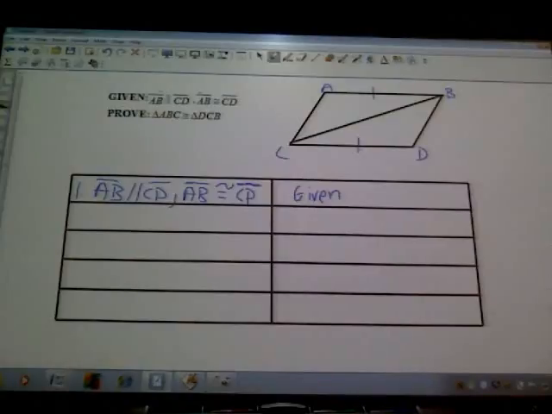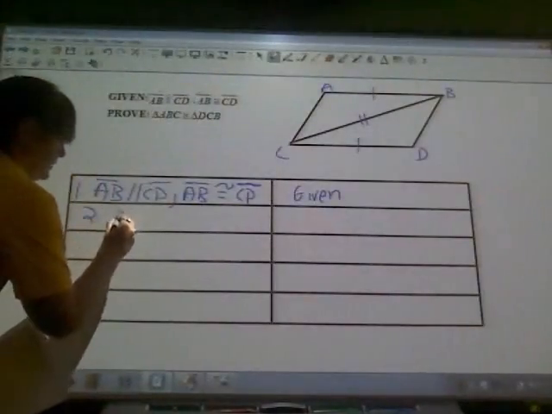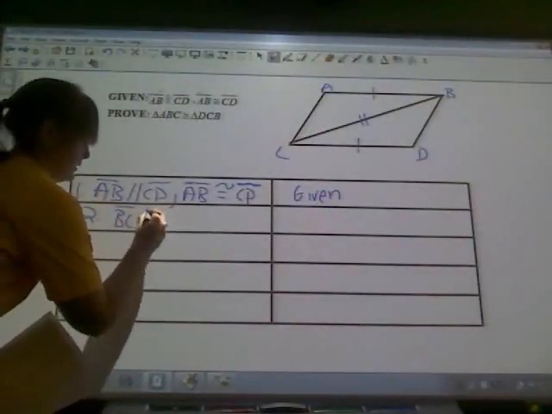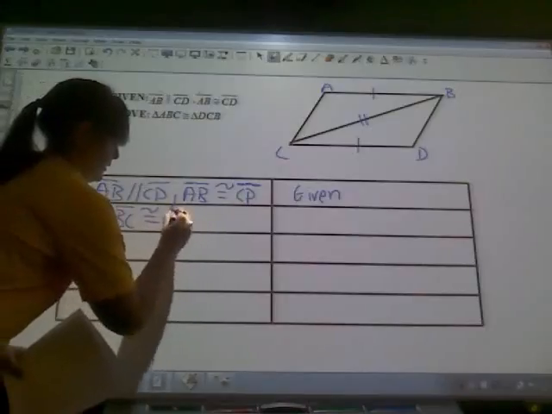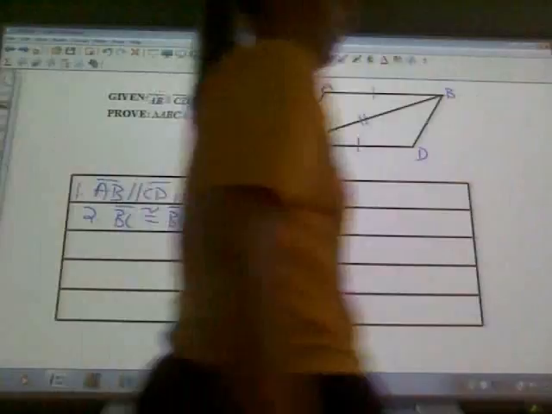Now we're going to look for common sides or vertical angles, and we're also going to check for keywords in the given statement. And we can see that a common side is BC. Therefore, we can write BC is congruent to BC by congruence of segments are reflected.